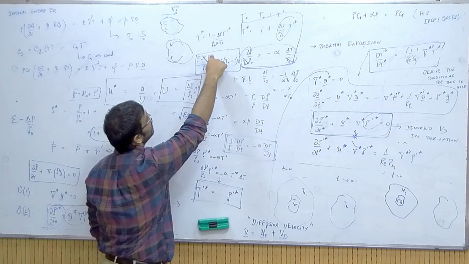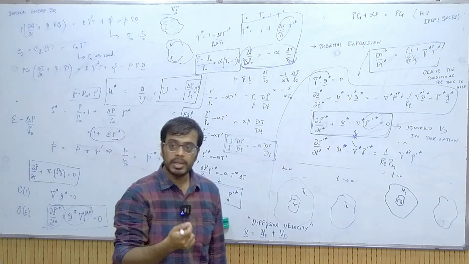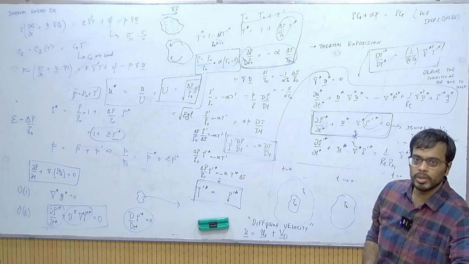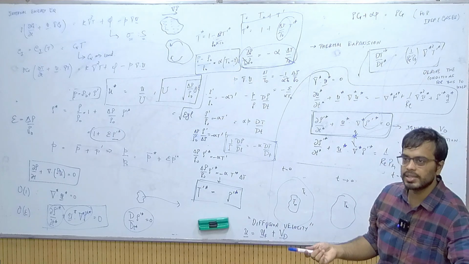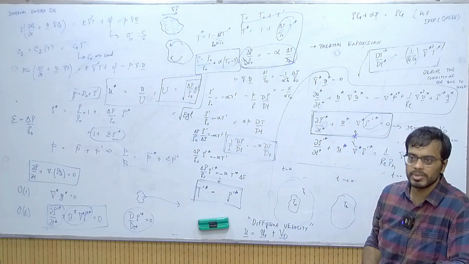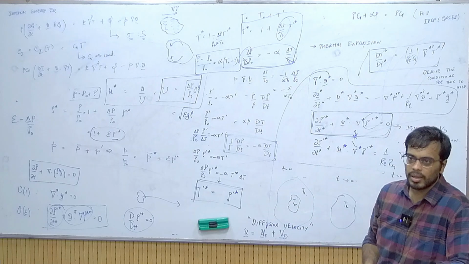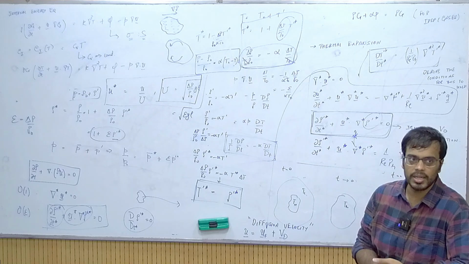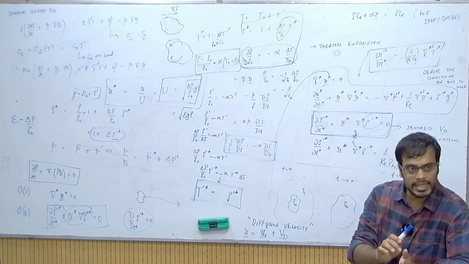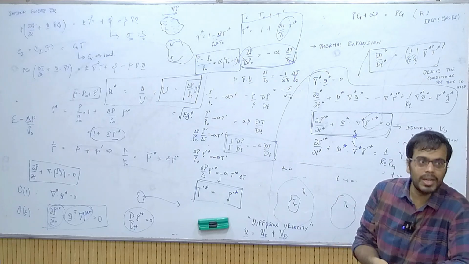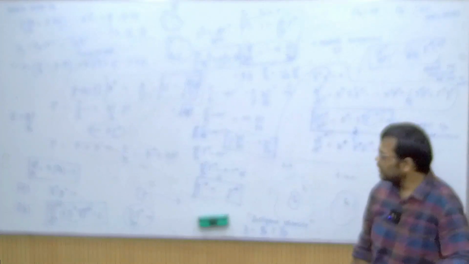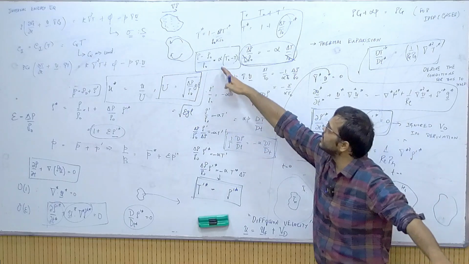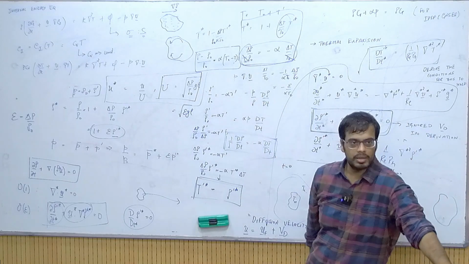Whatever relation you have in rho prime and T prime, you have the same relation between delta rho and delta T, which is why when you divide both sides with their respective scales, that relation gets cancelled out and you eventually get the identity that rho prime star is T prime star. So dimensionless fluctuations in density and in temperature are equal. That does not mean the fluctuations in density and temperature are equal; of course they have different units, they can't be equal. You are eliminating those proportionality constants. Here everywhere we have assumed that this alpha is constant in all of these relations.